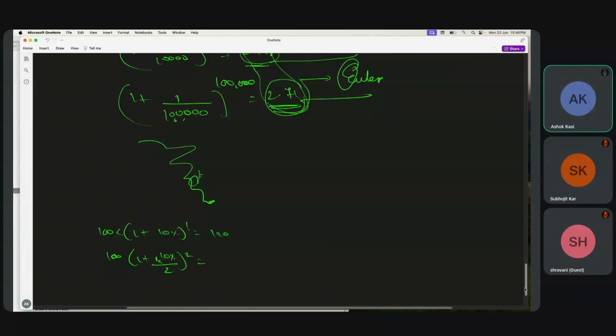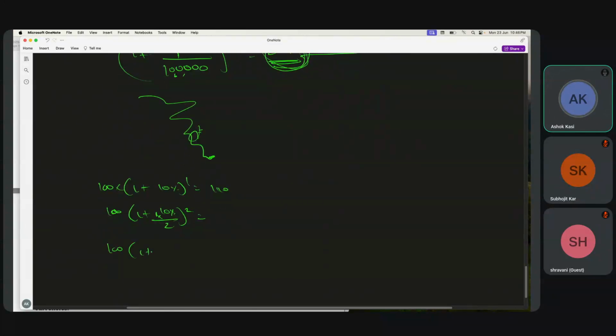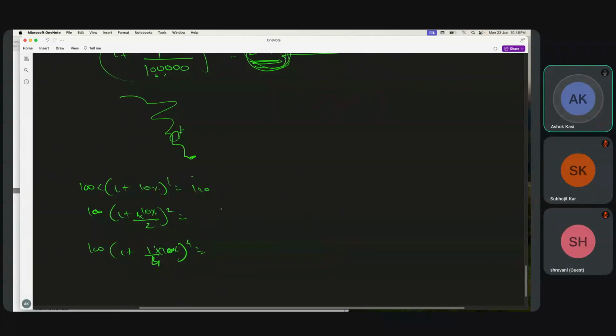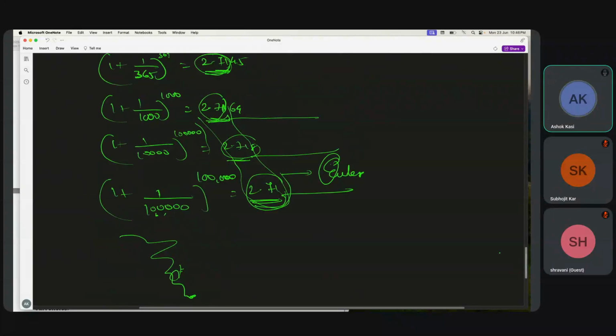If it is quarterly, we will calculate like this. Now these are all called discrete compounding: 2 times, 4 times in a year, semi-annually, quarterly. Continuous means all of these, where it is only 2.71.